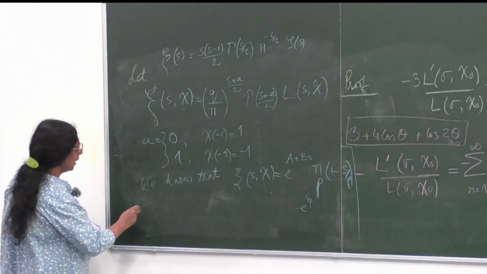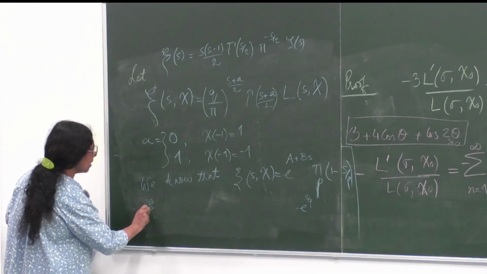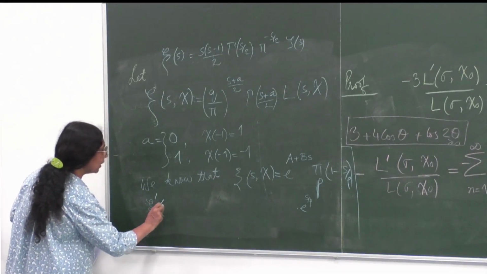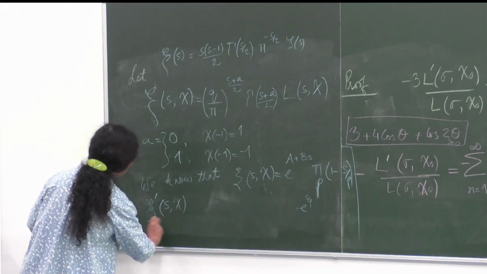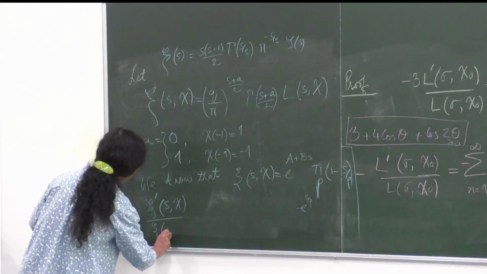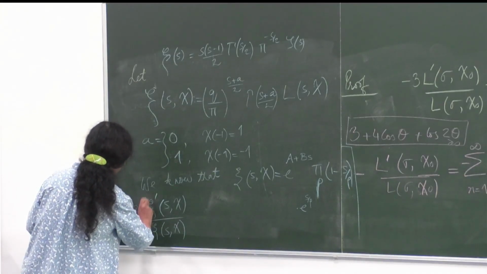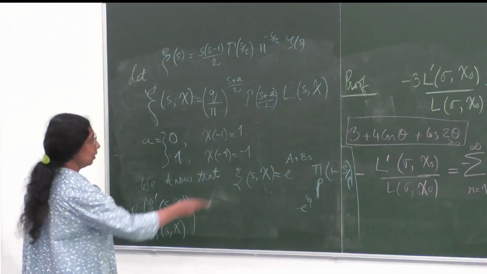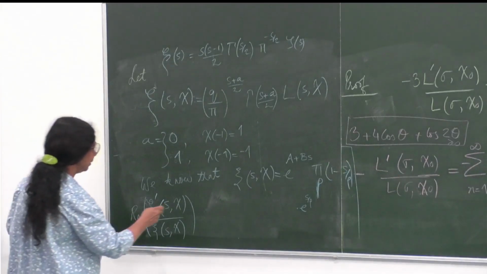You will get the real part of xi prime over xi of (s, chi). What will the real part of this be equal to? Have a look at this way of writing it. From the exponential, you will get the real part of B.